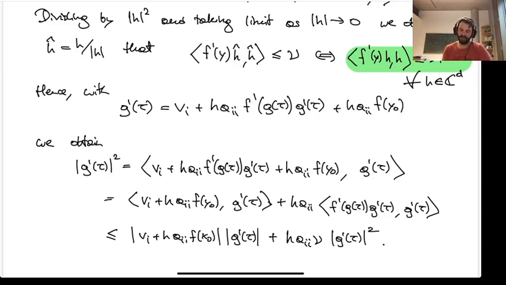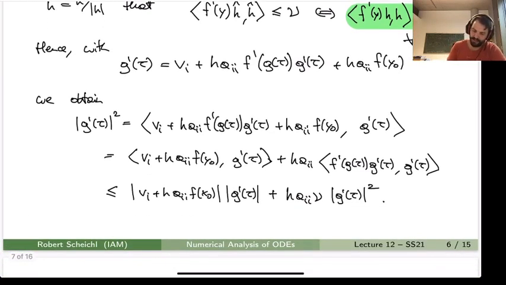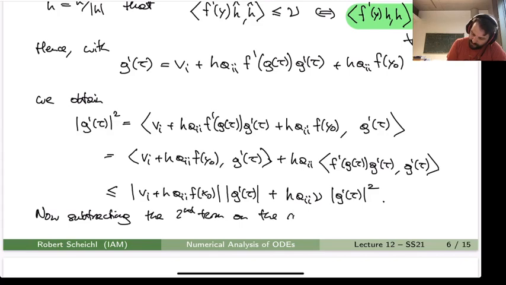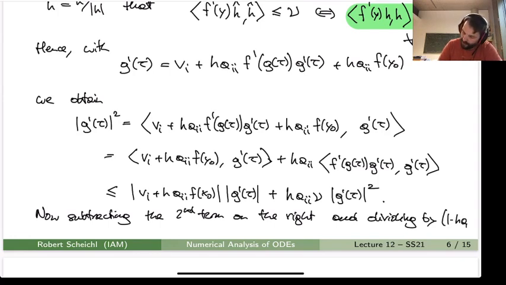Okay, so now we can subtract the second term on the right and divide by 1 minus h a_ii nu.